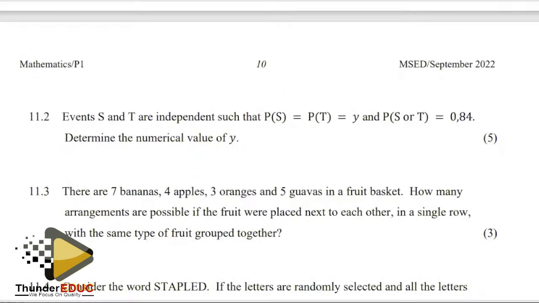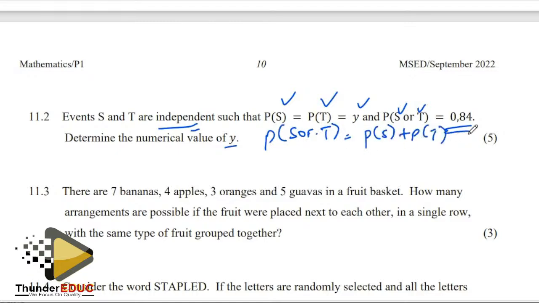Then here, events S and T are independent. You see that? Probability of S is the same as probability of T, which is y. Then probability of S or T is 0.84. So you have to apply that addition rule. They want the value of y. So S or T is going to be probability of S plus probability of T minus probability of S and T. Now, what is S?